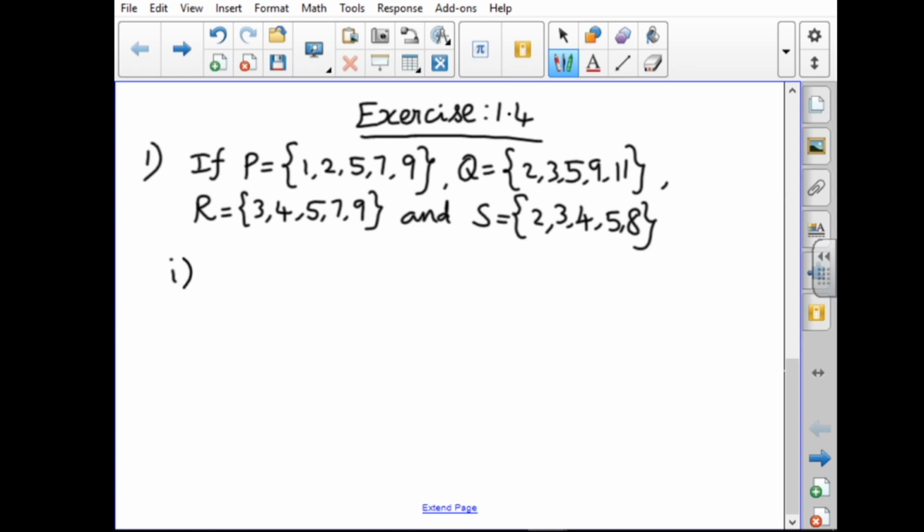First one, P union Q union R. Directly we should not find that.